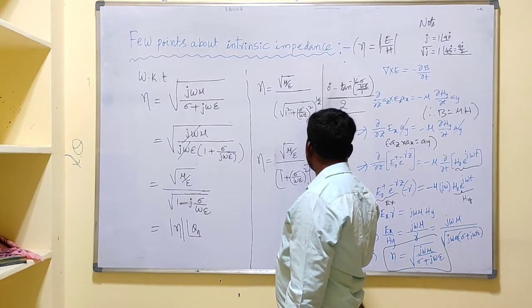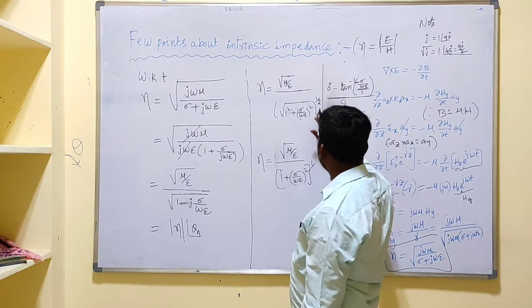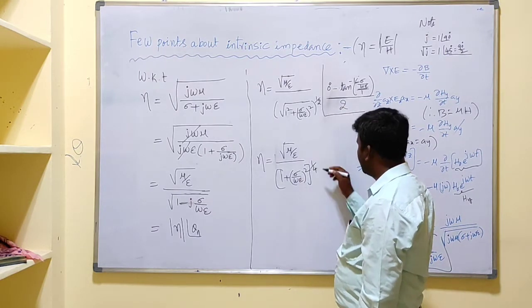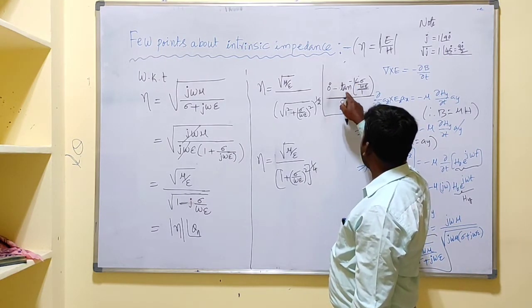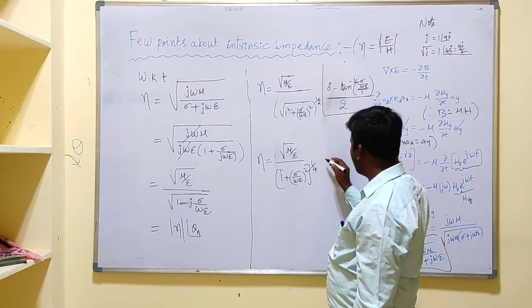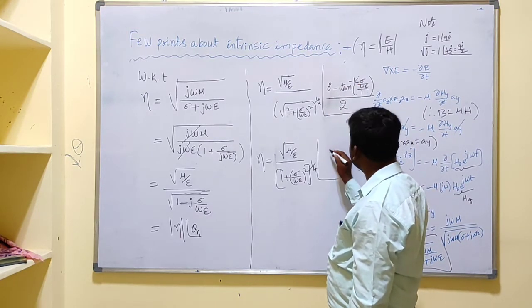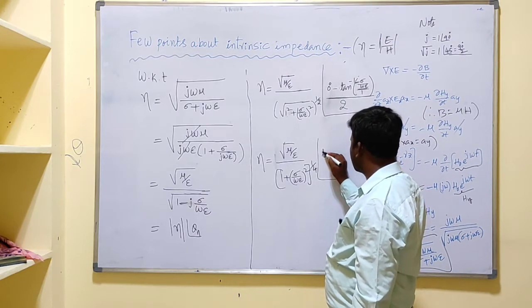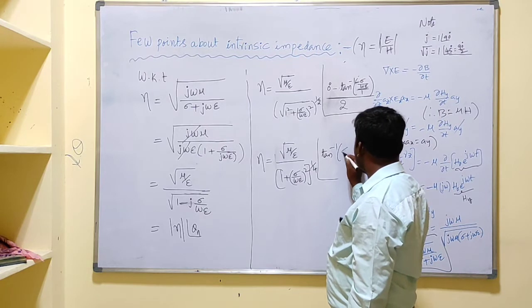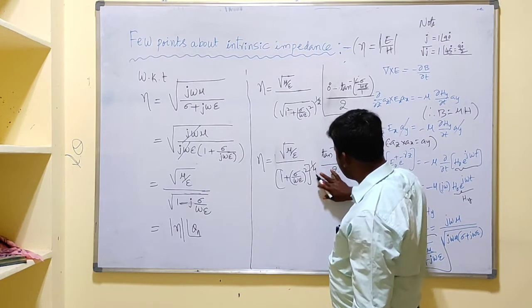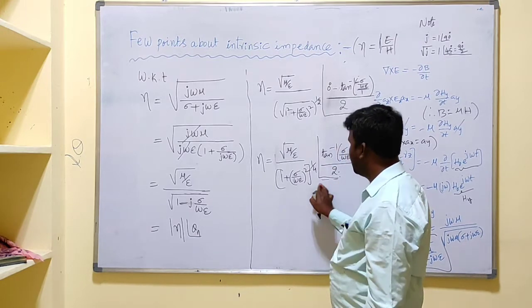Root means 1 by 2, 1 by 2 whole power 1 by 2, that gives 1 by 4, at an angle of minus of, here tan inverse of minus gives minus. So here already we have minus, that gives at an angle of minus of minus becomes plus, that is the tan inverse of sigma by omega epsilon by 2. So this is the angle contributed by this eta.